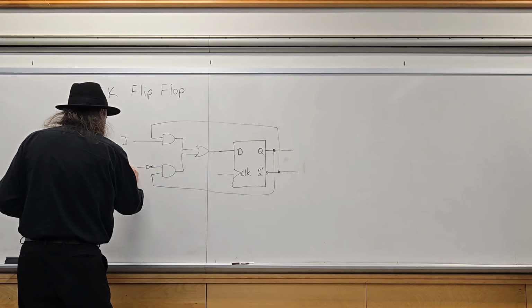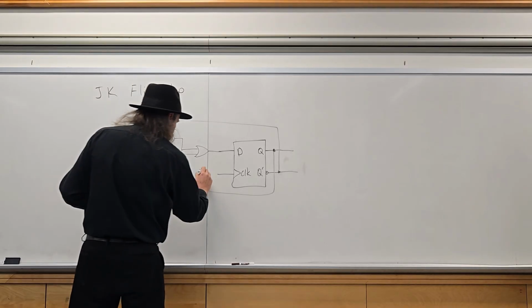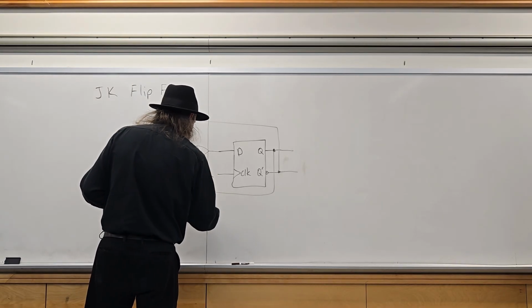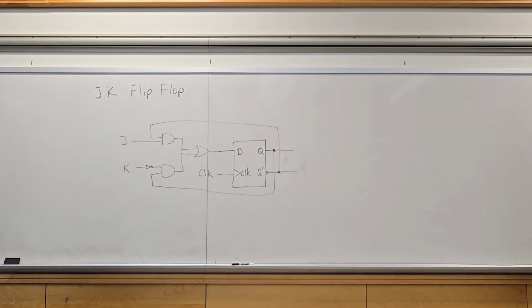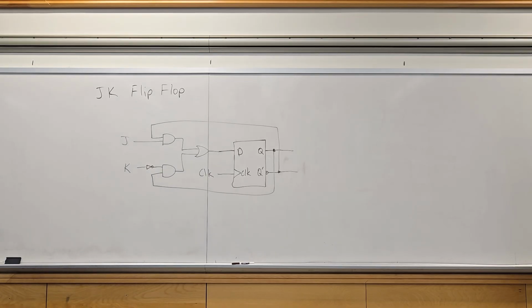J, K, and clock. All right, so this is the circuit for a JK flip-flop, where, let's see here, what's the state table for that?